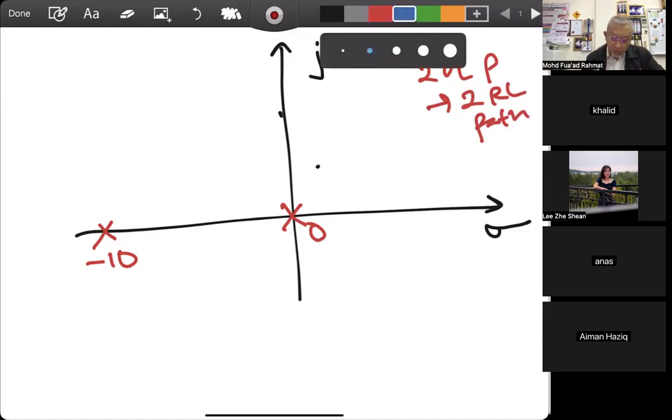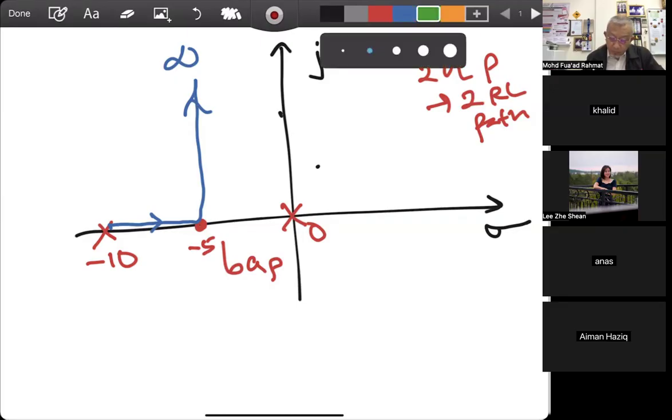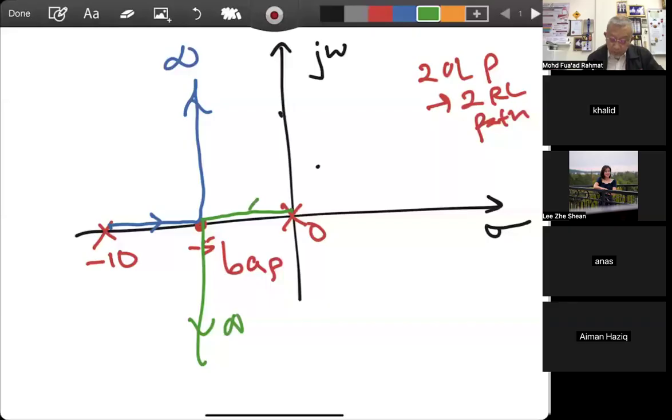One starts from -10 and goes up towards infinity, and the second one starts from 0 and ends at infinity as well.